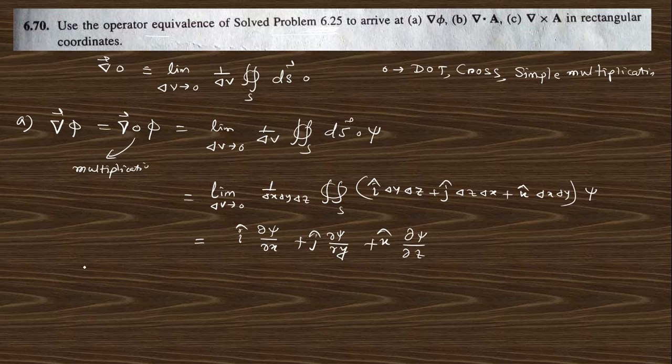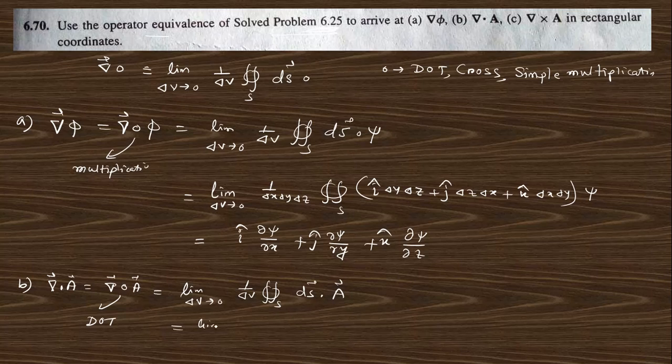If you take the operator as a dot with a vector, this will become the limit delta v tends to 0 of 1 by delta v, surface integration of ds dot A vector.